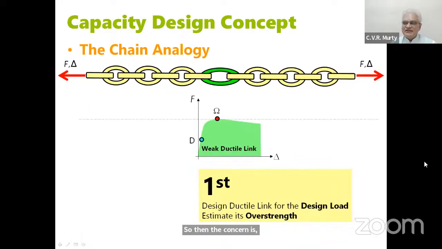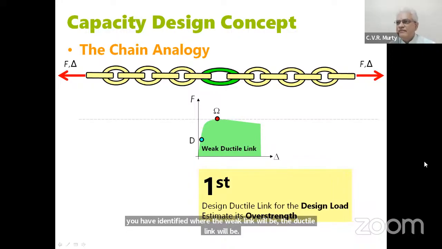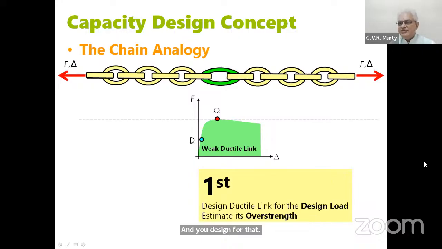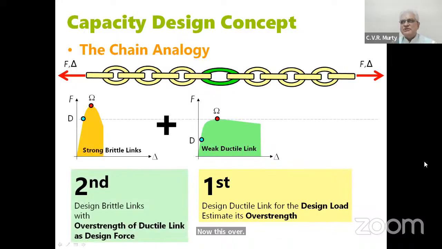So first is that you have identified where the weak link will be, the ductile link will be, and you design for that. When you design at a level, you will get an overstrength thanks to partial safety factors for materials and also the partial safety factor for loads that we have used. Now, this overstrength becomes the design force for the brittle links.